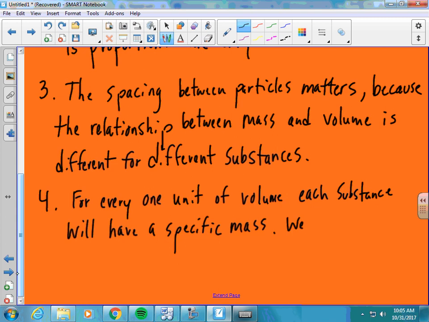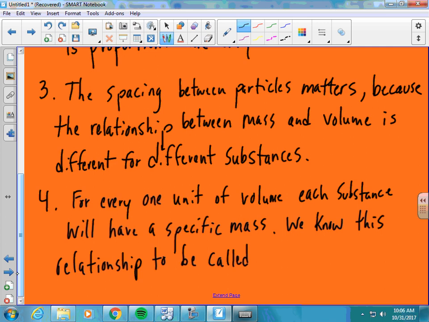We know this relationship to be called density. Okay, this is different from when I say to you guys, stop being so dense.